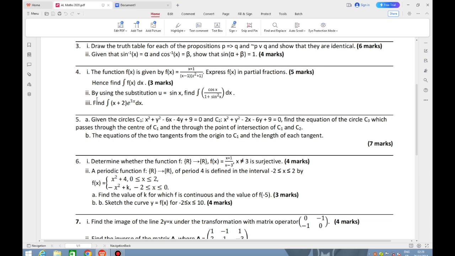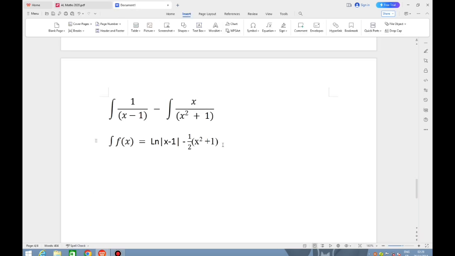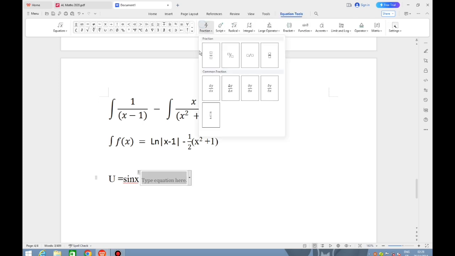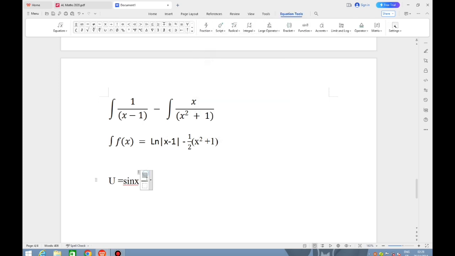Now the next question 4.2 says, by using the substitution u equals sin x, find the integral of cos x on 1 plus sin squared x dx. Okay, so by using the substitution, u is equal to sin x, and du on dx is simply equal to cos x.